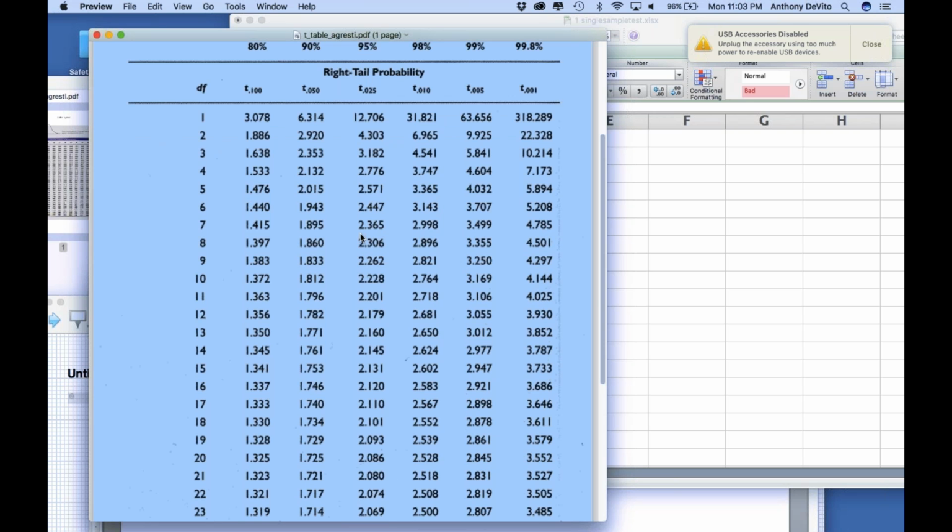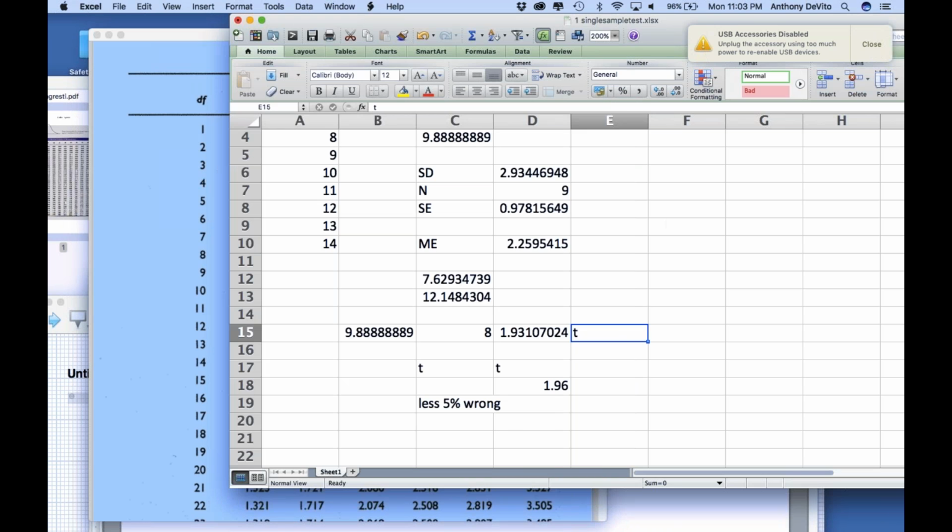Now, I don't know what the p-value is here. I'll show you how you might be able to calculate it. But this value right here, 2.3, is what we call the critical value of t. The value of t I need to exceed in order to reject my null hypothesis that the two means are really the same. Okay, so I failed to reject my null hypothesis again because this needed to be greater than 2.3.